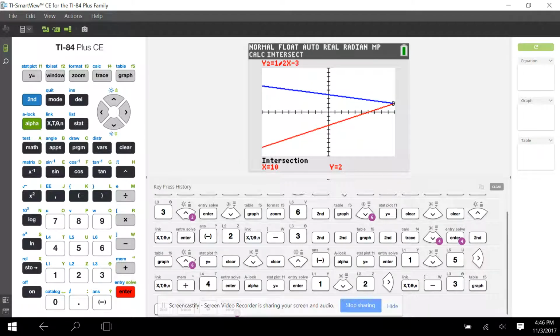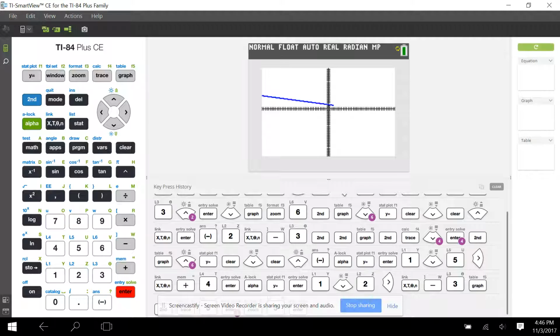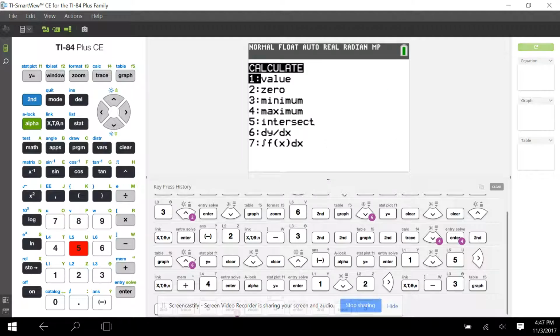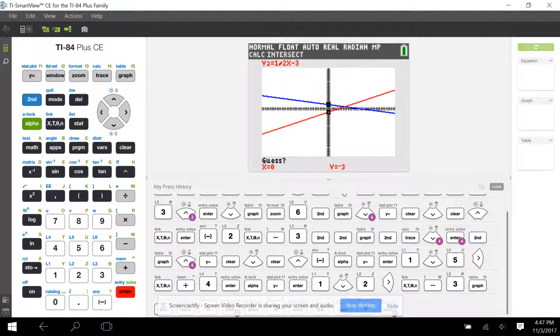If it had given me an error because it couldn't find where it intersected because it wasn't on the screen, then I would have done zoom 3, enter, which basically just zooms out. And then I could do second trace 5, enter, enter, enter.